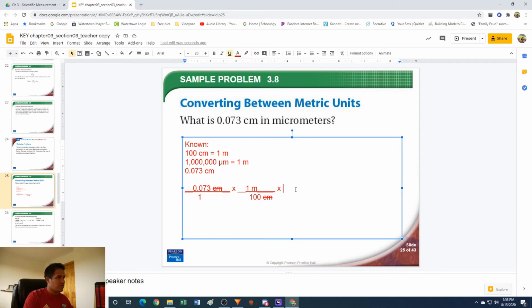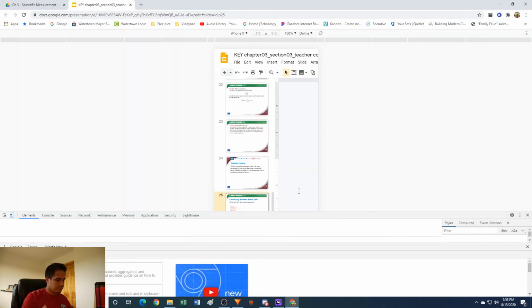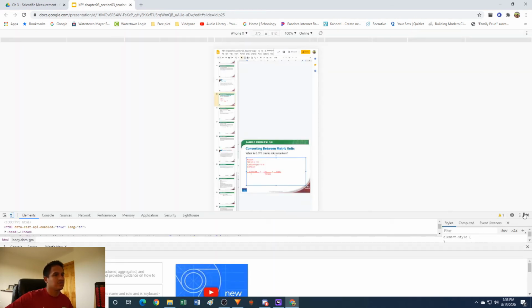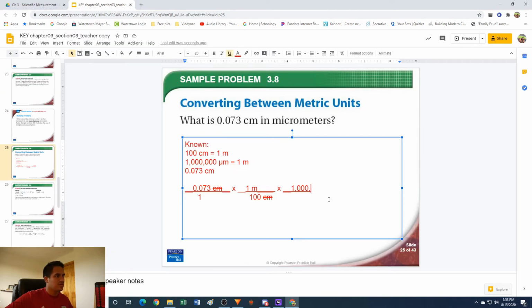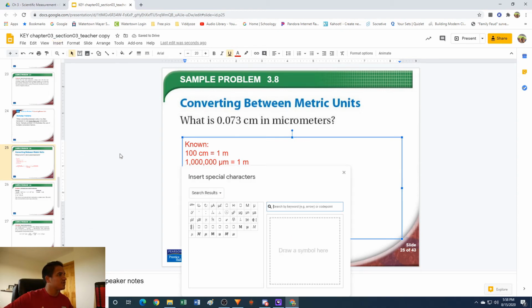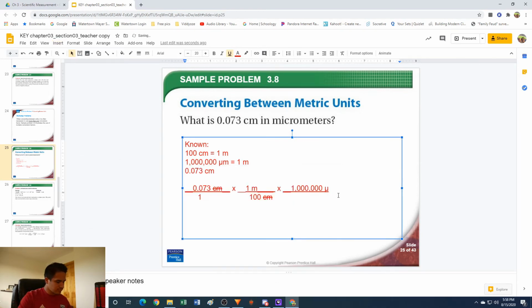Then, once we've done that, we are now in the units of meters. So the next conversion factor is to go from meters to micrometers. Now that we have 1 meter here, we want to have the 1,000,000. Oh gosh, what am I doing here? Hitting buttons, that's what's going on. Sorry about that. Okay, we're going to have 1,000,000 micrometers, so again, let's use our special character mu, over 1 meter.